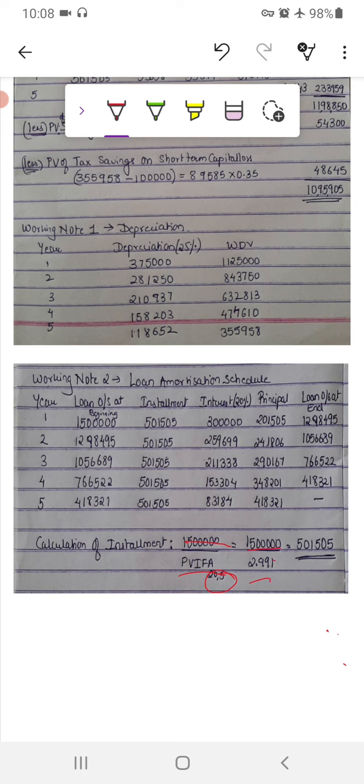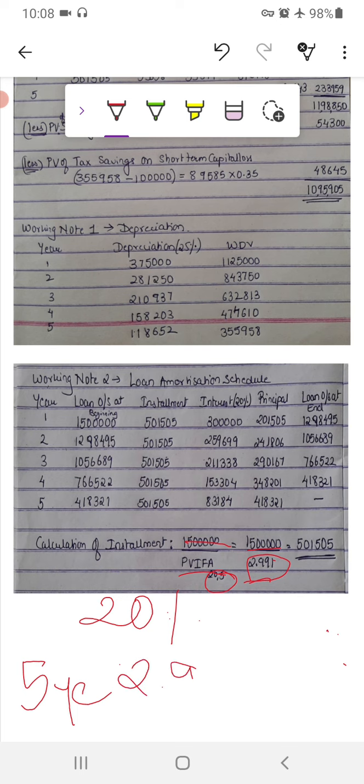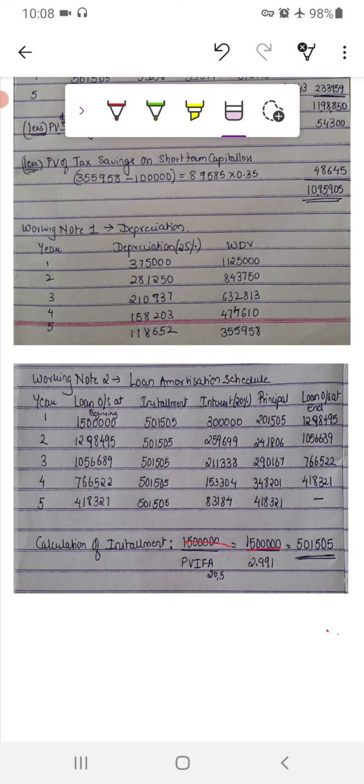Now how do you get this 2.991? Go to the present value interest factor annuity table. At 20%, look for 5 years. When you do that, you get 2.991 as the value. So use that value over here. So 15 lakhs divided by 2.991 gives you 5 lakh 1,505.